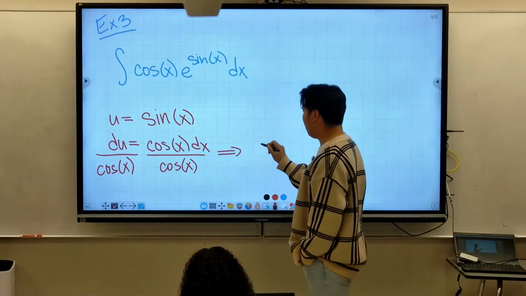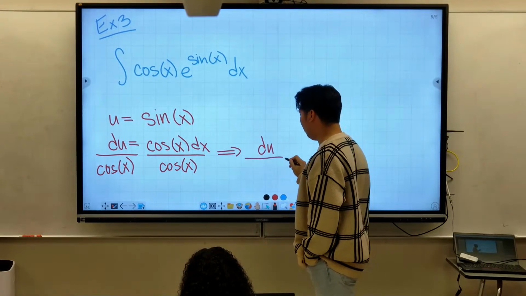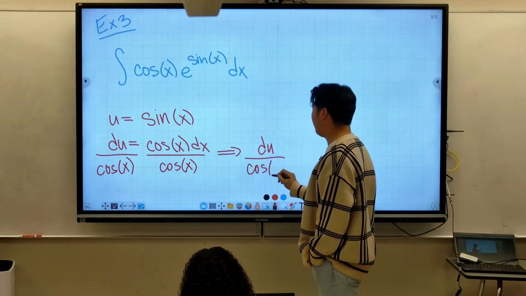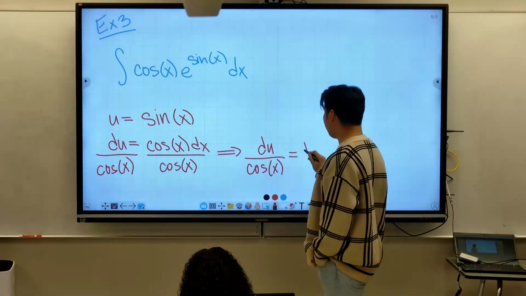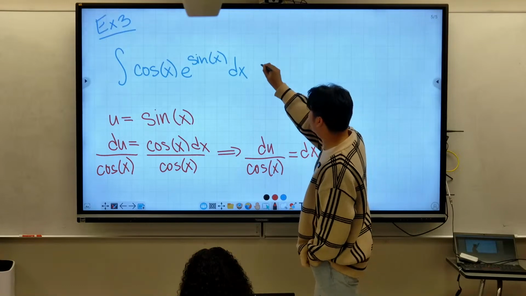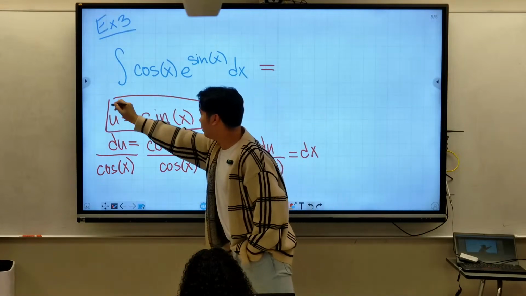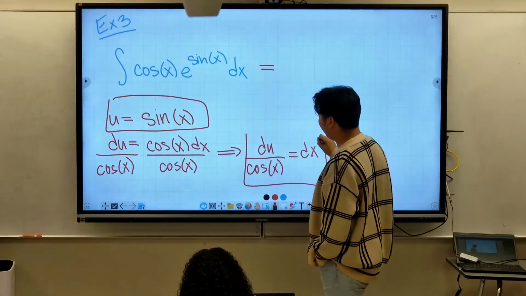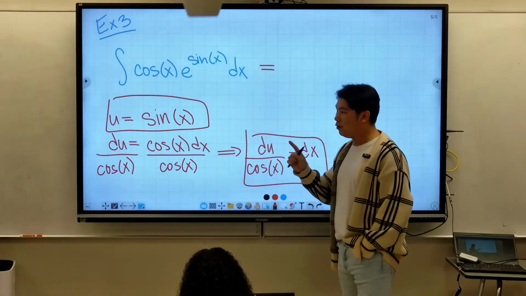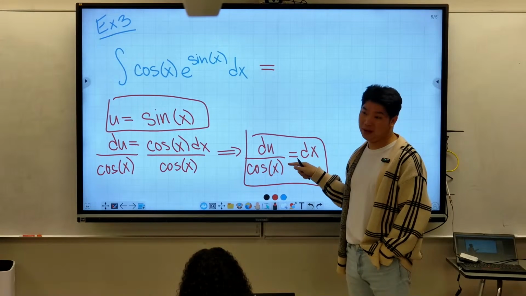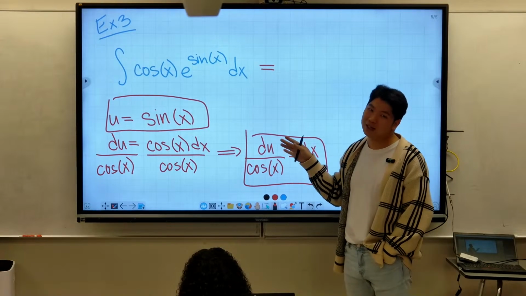That would give me that du over cosine of x is equal to dx. So I'm going to plug in this, and I'm going to plug in this here. Again, I know that you probably could do it from the beginning, but this is good practice, especially for when it doesn't match exactly.